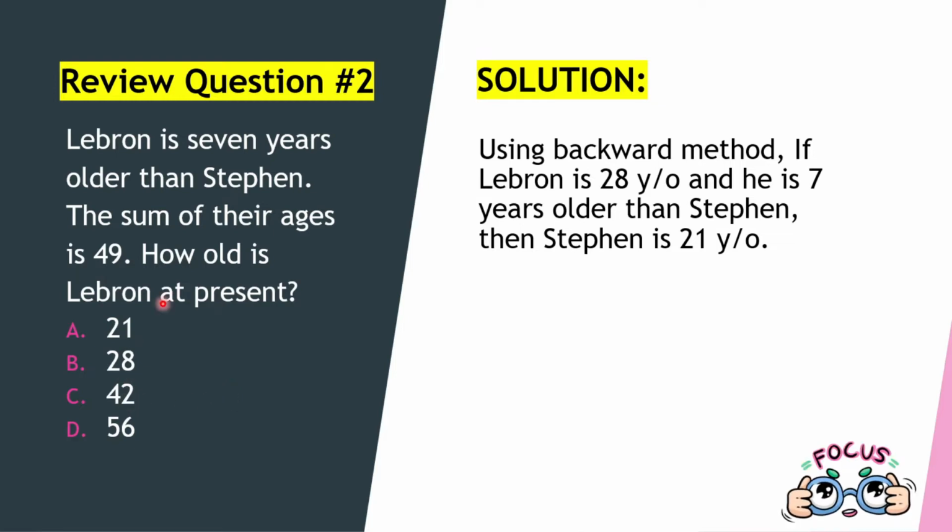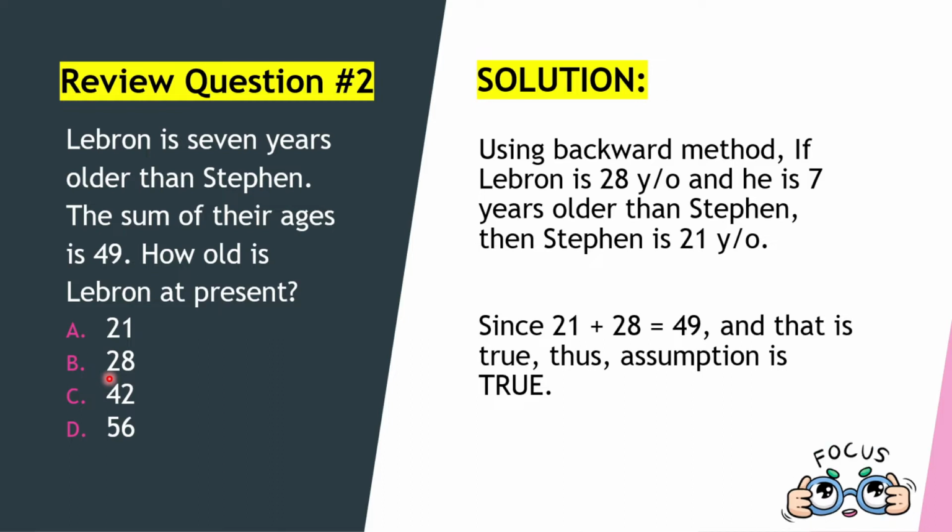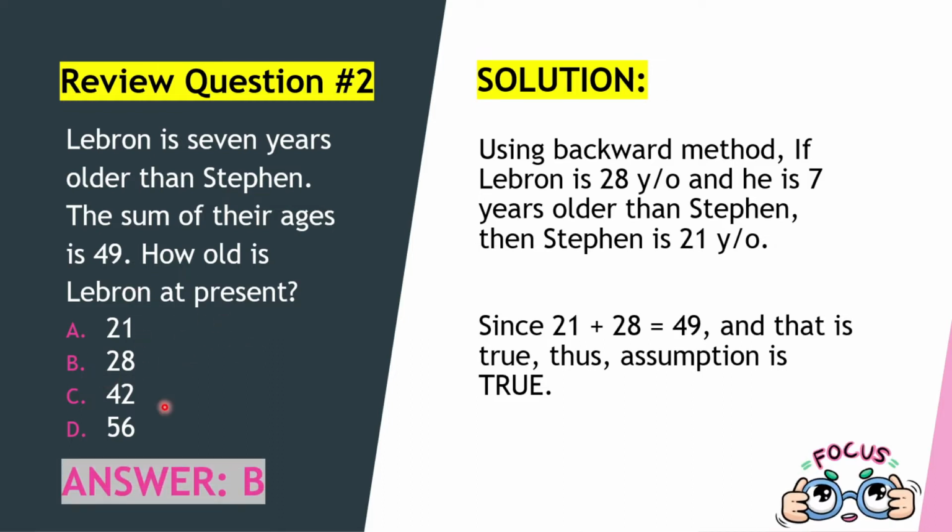Okay, so pag inadd mo yun, hindi naman 49. Ganun din si letter D. Ang layo na. Kung si Lebron ay 56, paano magiging sum ay 49? So, doon pa lang, napakalayo na ng nagwat. So, the correct answer here is letter B, 28. So, that's how you solve the age problem using backward method.